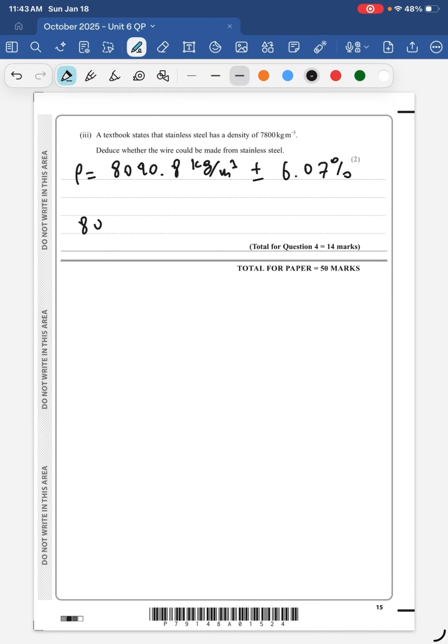Okay, so let's multiply our value by 6.07%. This will give you 491 kilograms per cubic meter. We can actually use 491.1.